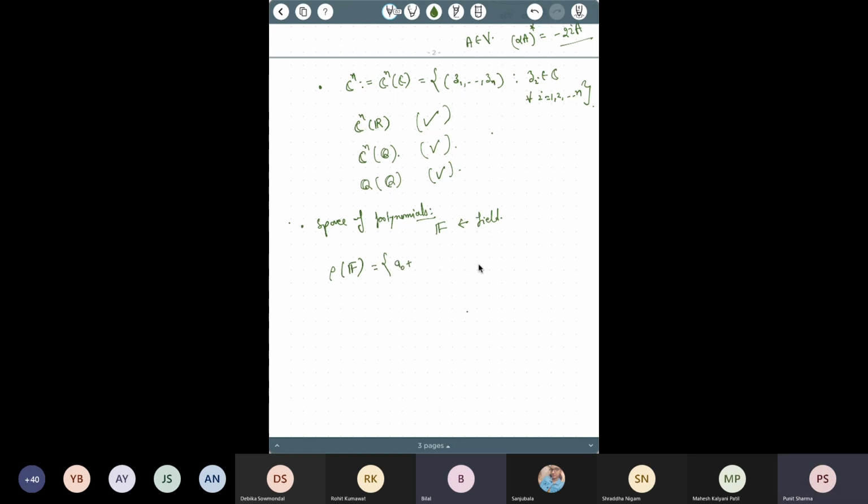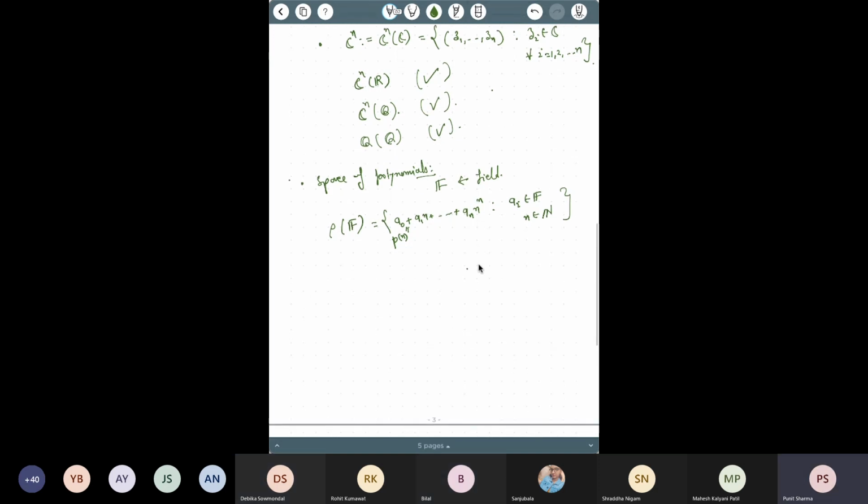The Ai are coming from F for each i, and n belongs to the set of natural numbers. So it is the collection of all polynomials over F. Let me write this as P(x), all polynomials over F.